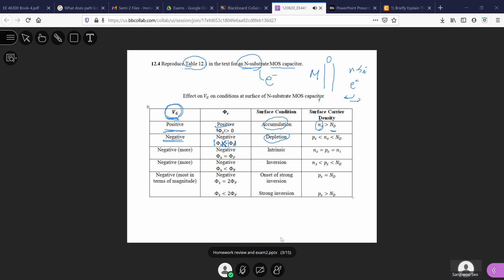Okay, so the magnitude is smaller than this, but again, for the surface potential, the sign itself is negative. Okay, for this condition, the charge is going to follow this relationship. Okay, because in here electron is still dominant, okay, in the surface, but their magnitude is smaller than the doping concentration, right? Because it's depleted.